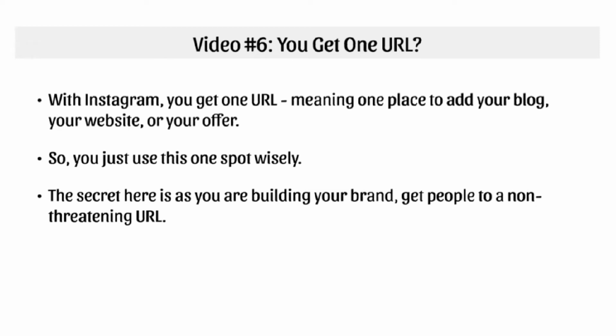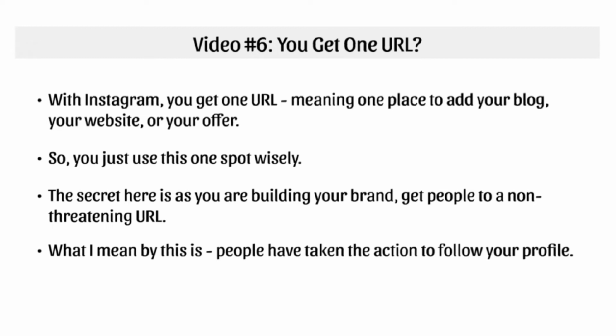And then on your WordPress site, you have your blog, your website, and your offers all on that particular site. Because you're building a brand, because you're building a lifestyle, you want to still brand yourself. You don't usually want to just direct people to a sales page.